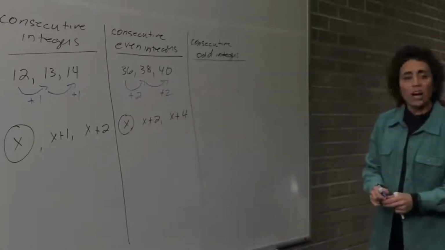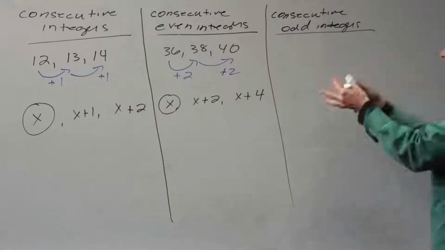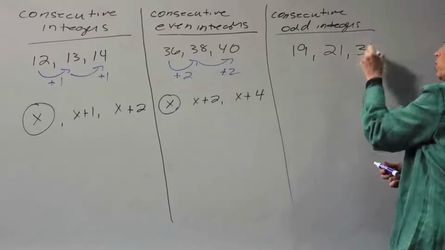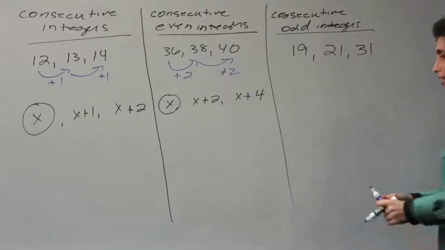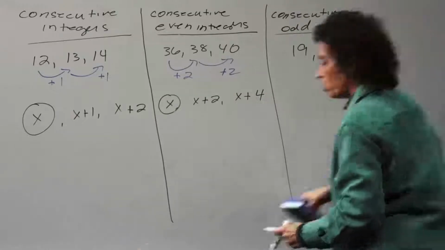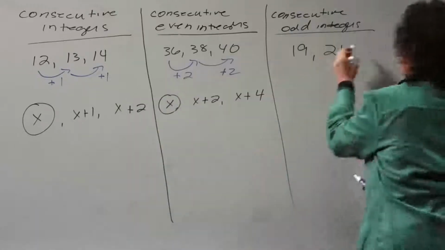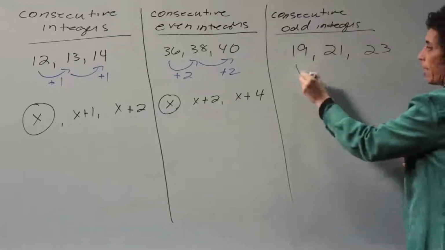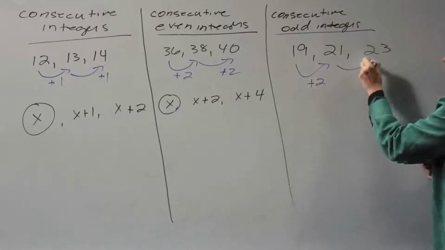Let's go to consecutive odd. Consecutive odd is exactly what you think. It's to have odd integers that come consecutively. The next one obviously would be 19, 21, 23. Let's look at the little pattern there. Again, the pattern is the same as the last one.